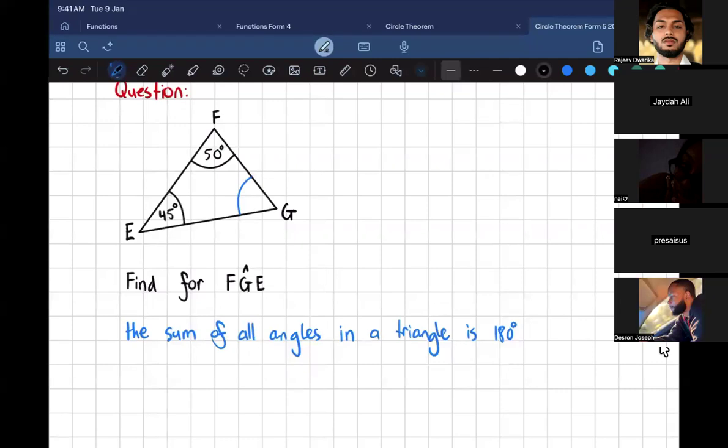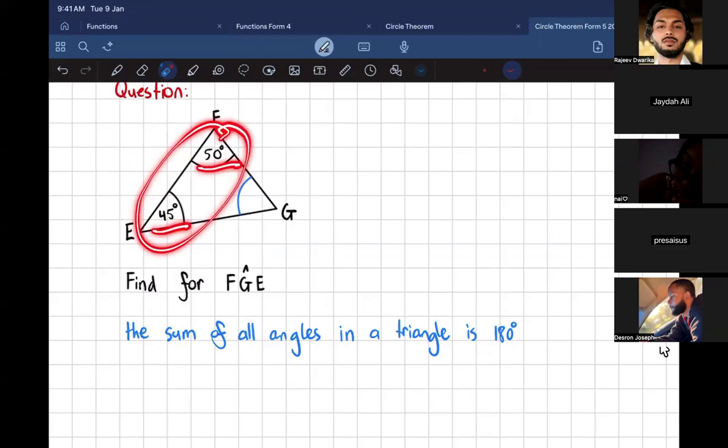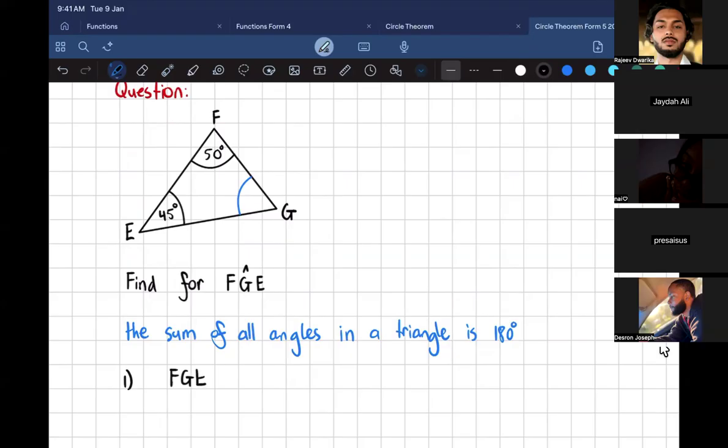All right, Desron. I have two ways you could handle this: the algebra approach or the common sense approach. Let me handle the common sense approach first. If everything has to add up to 180, and I know what this is and what this is, I could just add this up and take it away from 180 to figure out the remaining part. So angle FGE would be equal to 180 minus open bracket 50 plus 45 degrees.